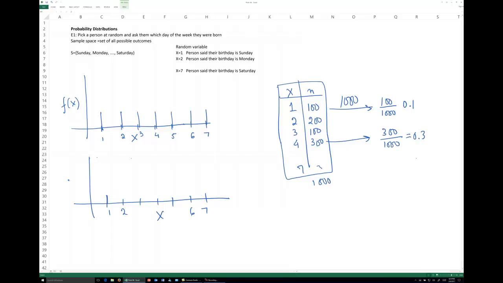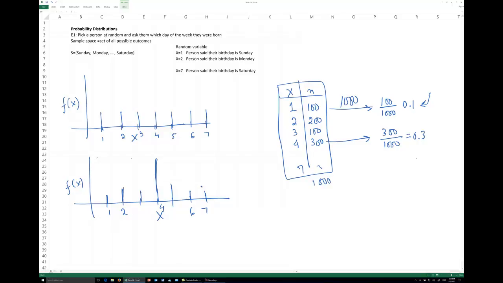The first spike has probability, its height, of 0.1. We had just calculated it here. The second spike is a little bit taller, and the tallest spike is x equal to 4, this one. If you look at these two patterns, both are discrete probability distributions. Just that the first one is uniform, the second one is not.